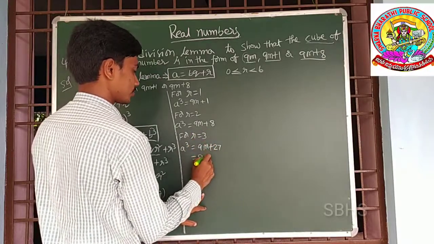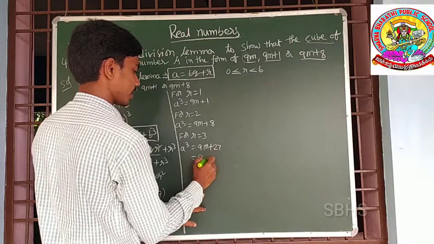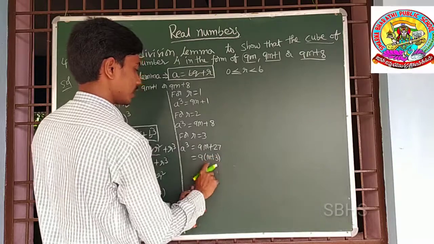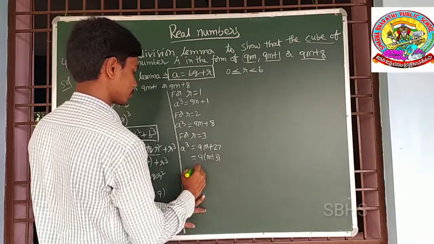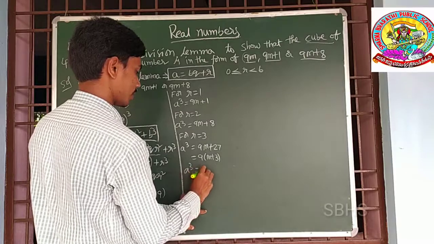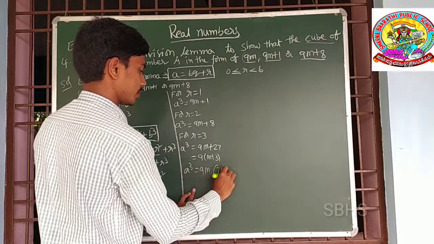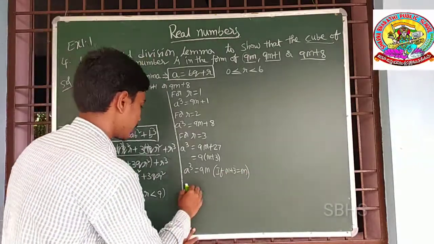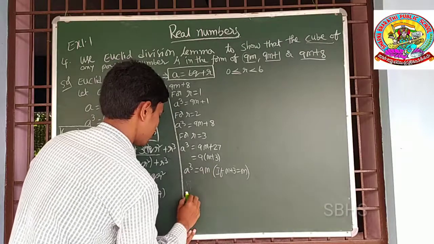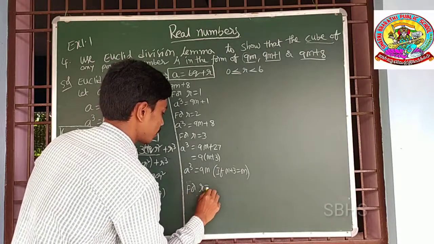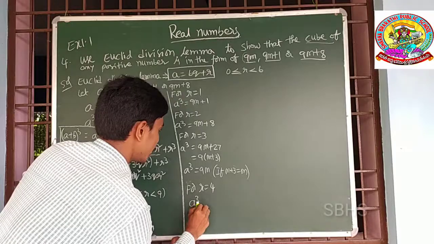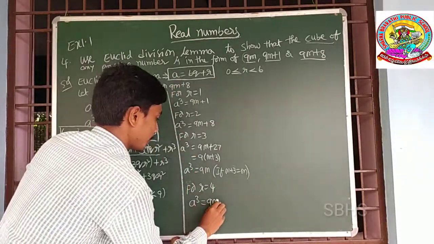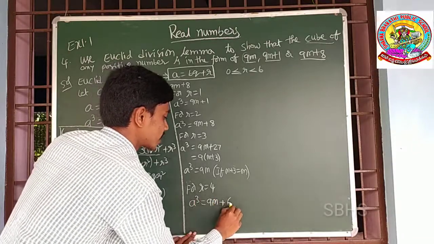If you take 9 as common, m plus 3, let m plus 3 be equal to m, a cube is equal to 9m. Next, for r is equal to 4, what will happen? A cube is equal to 9m plus 4 cube, 64.